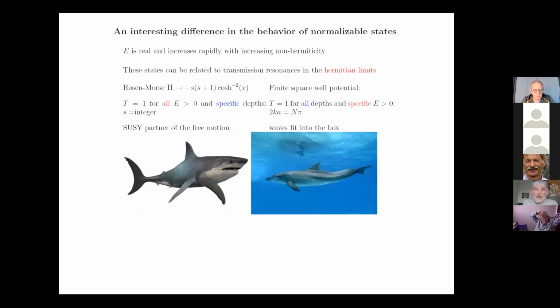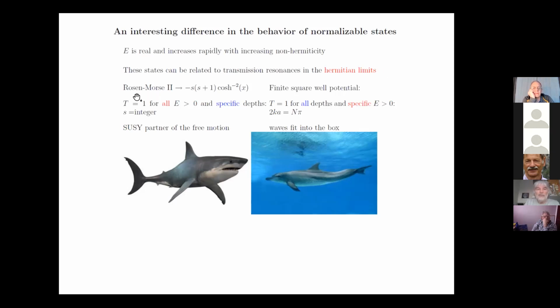Okay, but there is some interesting difference in the behavior of normalizable states. If you look at the normalizable states, as I mentioned, the energy is real and increases rapidly if you increase non-hermiticity. And these states can be related to the transmission resonances in the Hermitian limit.